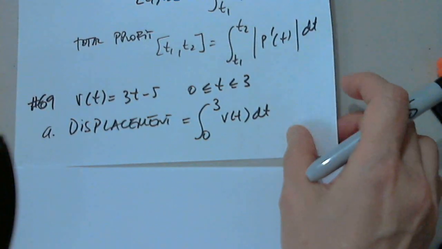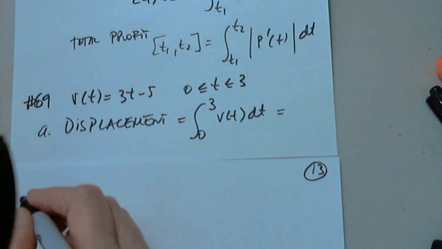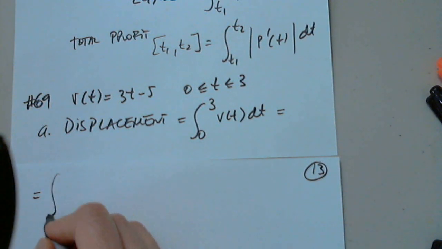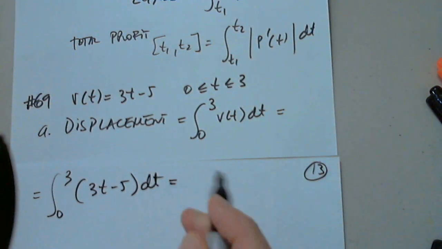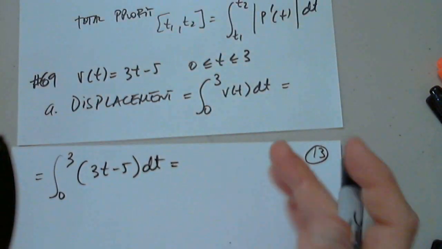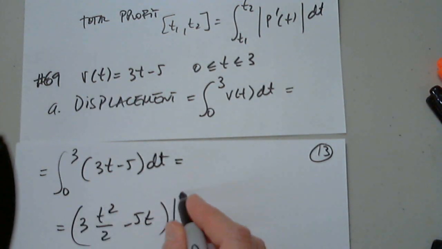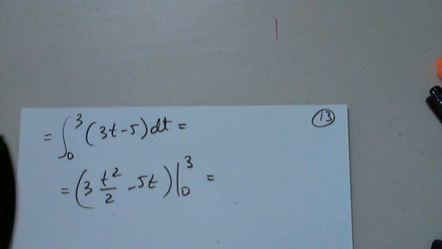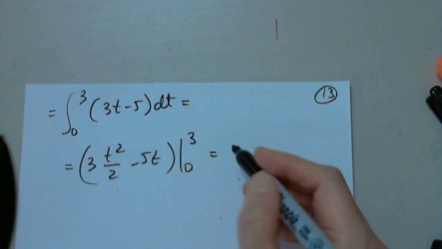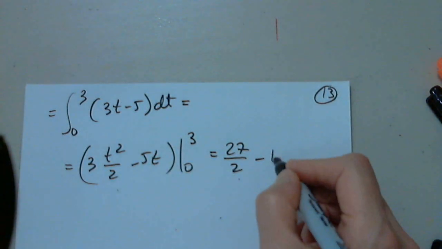So the displacement is the integral from 0 to 3 of 3t minus 5 dt. Again, there is no need for substitution here because it's direct. So this is 3t squared over 2 minus 5t from 0 to 3. When we plug in 3, we get 27 over 2 minus 15.